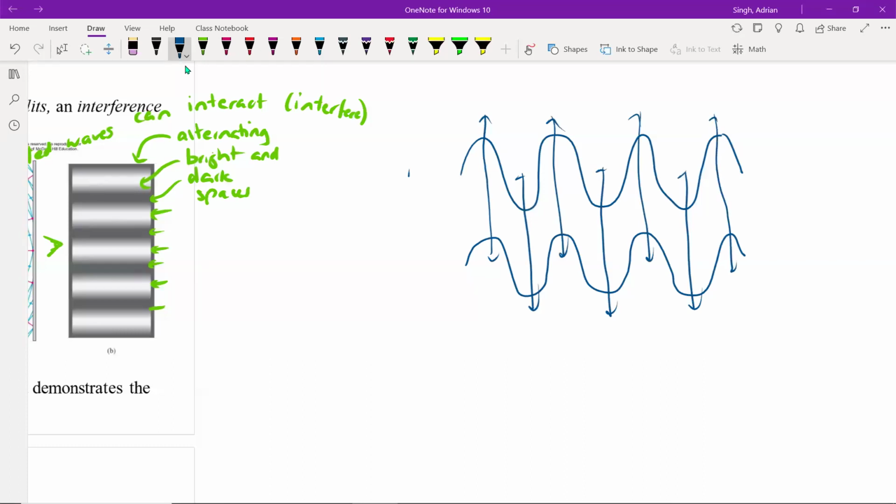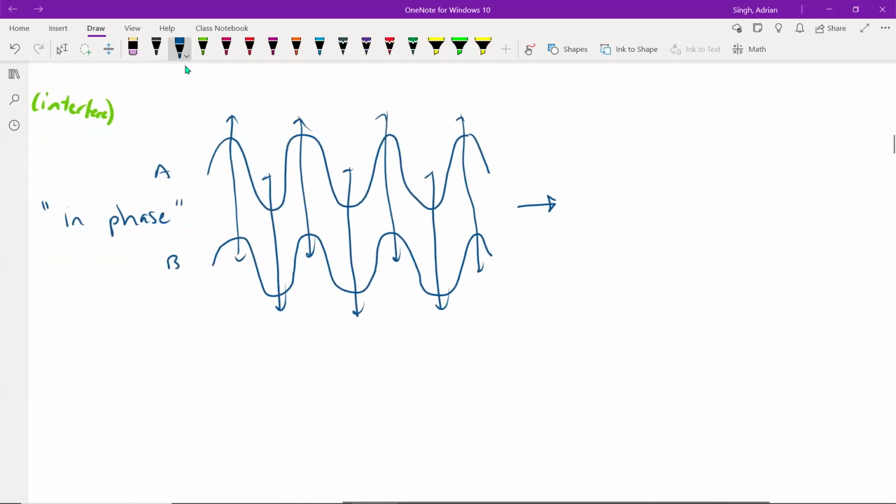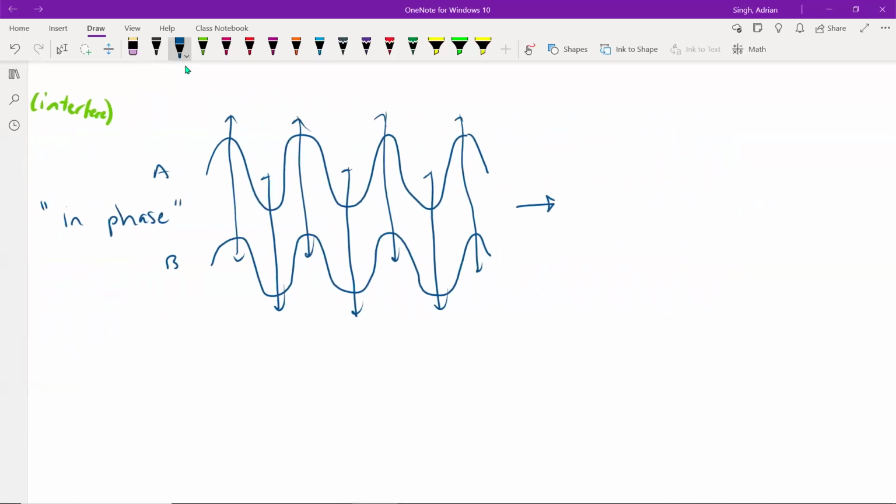These two waves, waves A and B, we say that waves A and B are in phase with each other. So they actually add together. And when we say that they're in phase or they add together, we say that there is constructive interference.